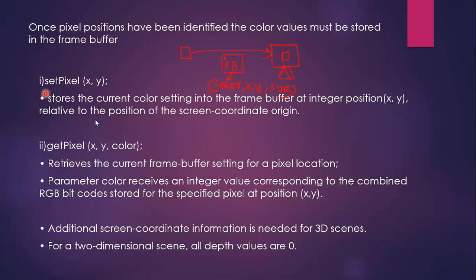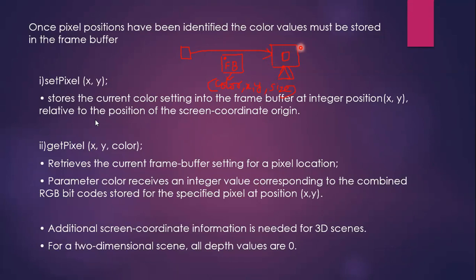One is setPixel(x, y). What this particular function does, setPixel x comma y, is store the current color setting into the frame buffer at integer position x, y relative to the position of the screen coordinate origin.